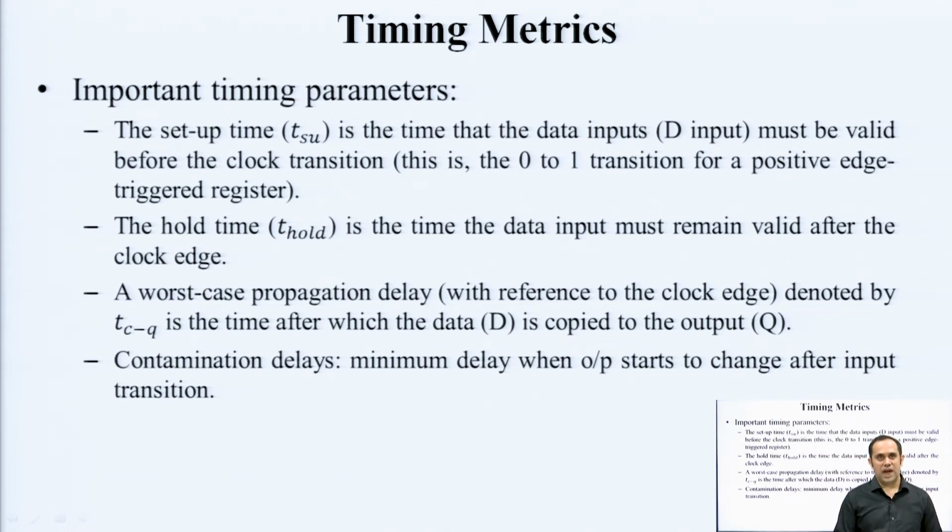If a trigger is coming and the input is very short lived, that might result in unreliable operation. So, the input must be present for some amount of time before the clock arrives or triggers. That time is known as setup time, and once the clock has triggered, the data at the input should remain valid for some more time, and that time is known as hold time.